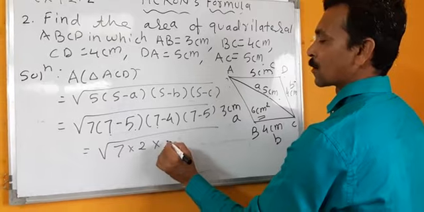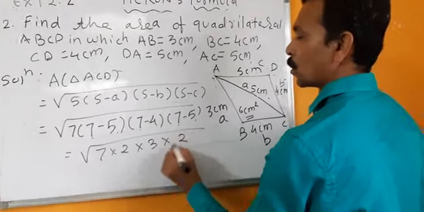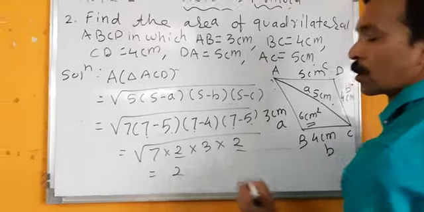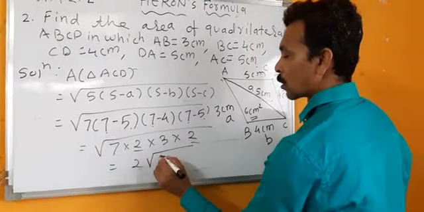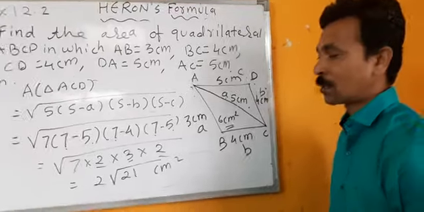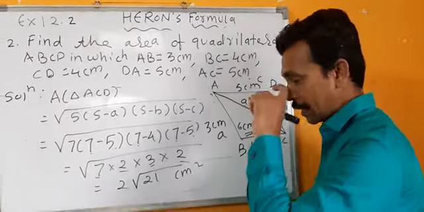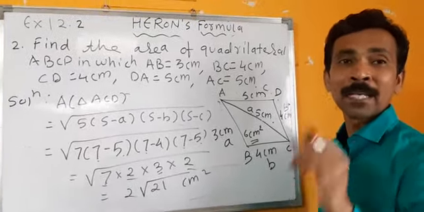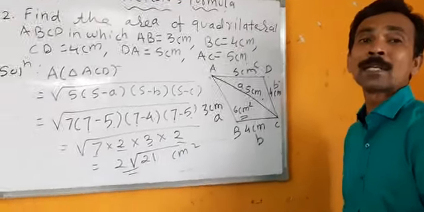What is 7 minus 4? 3. What is 7 minus 5? 2. So from these two, 2 is common because square root of 4 is 2, into under root 21. Because 3 has no pair with any other number, 7 is also unpaired. So when numbers are unpaired and are not perfect squares, we multiply them inside the root only. So the area of triangle ACD is equal to 2 root 21 centimeter square.